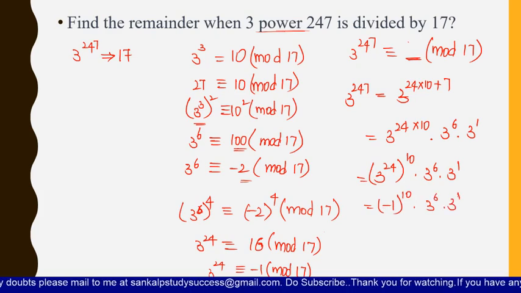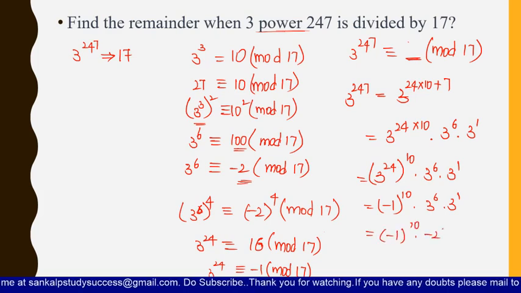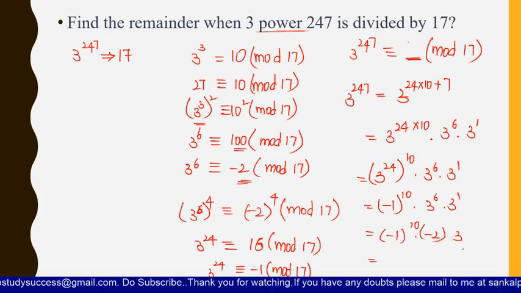So 3 power 6 into 3 power 1. So here 3 power 6, you will get the remainder as minus 2, correct? So you can write minus 1 whole power 10 into minus 2 into 3. So now this is a positive number, and here if you multiply this, you will get minus 6.